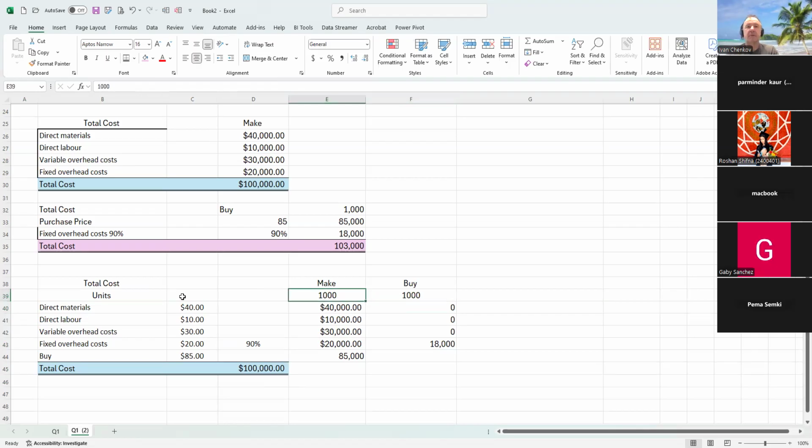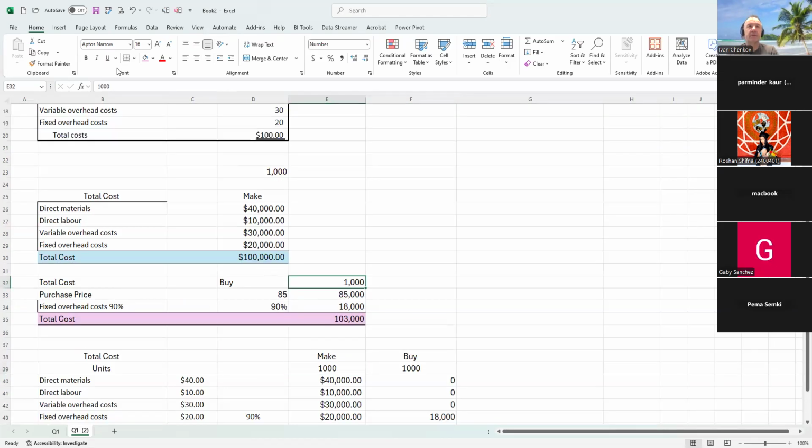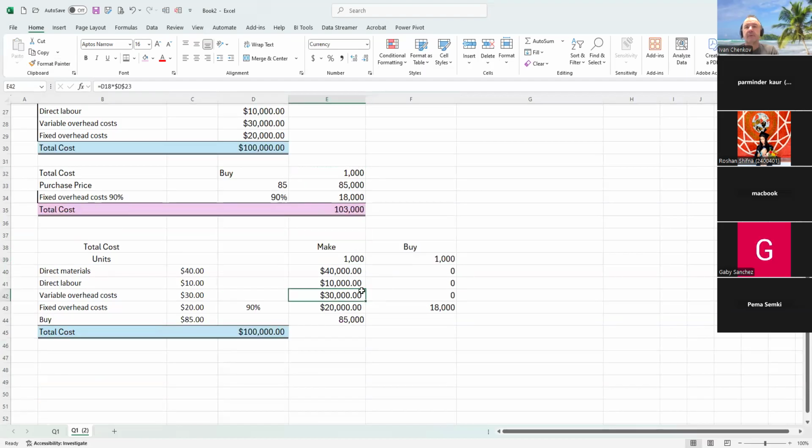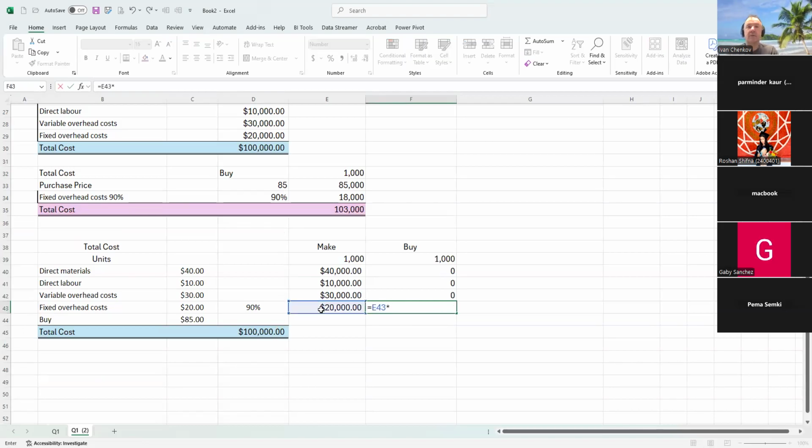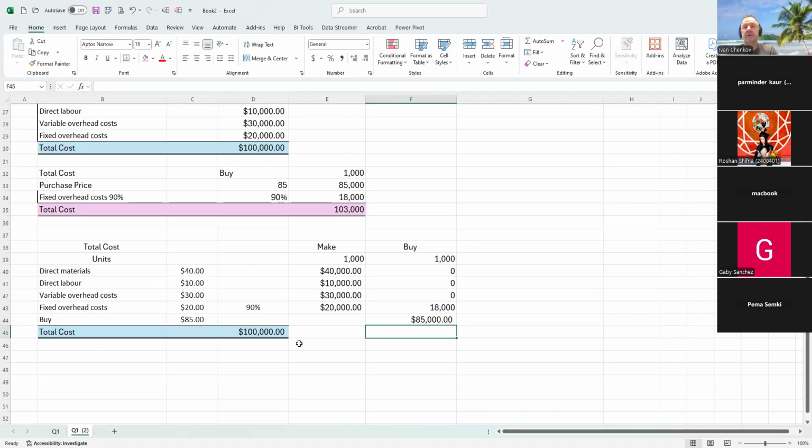Now I can start plugging in the information and get the calculation. So that will be this one and that one. It's going to give us the numbers. And then to buy it, obviously, that will be 0 here, 0 here, 0 here, then 20,000 times 90%, 18,000, and the last one will be 85,000. Then we can see the calculation at the end.